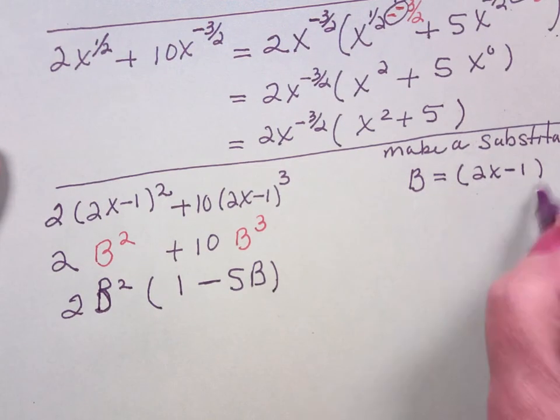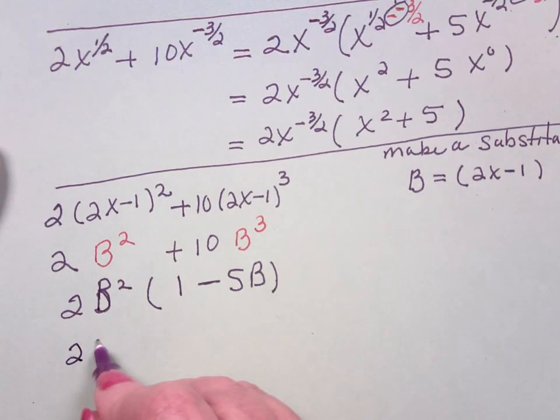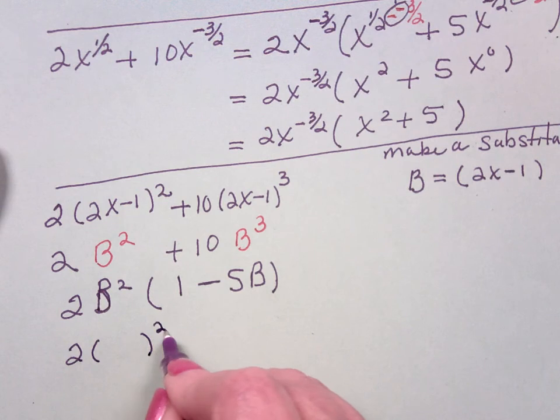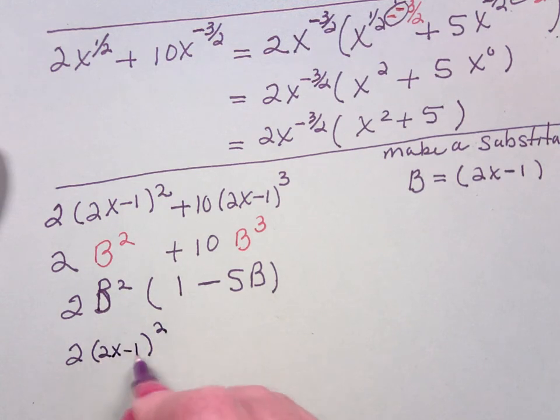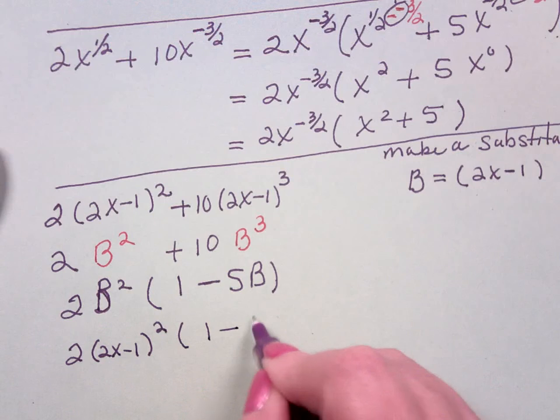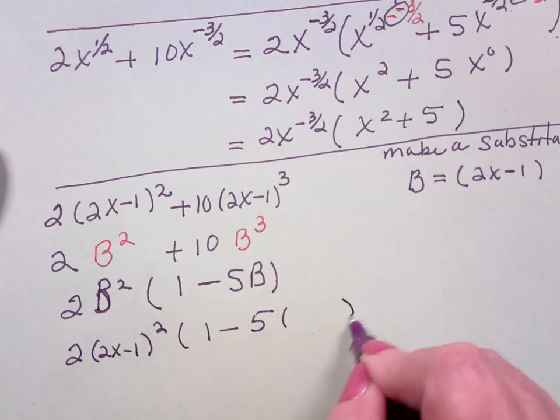And I left it in parentheses, so that says b squared, 1 minus 5b to the 1.